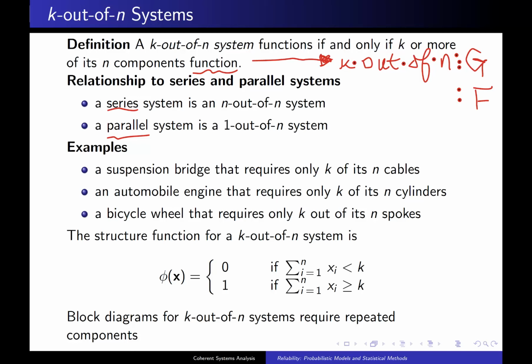Here are a couple examples. A suspension bridge that requires only K of its N cables is a K out of N system. An automobile engine that requires only K of its N cylinders to turn over is a K out of N system. A bicycle wheel that requires only K out of its N spokes is a K out of N system.